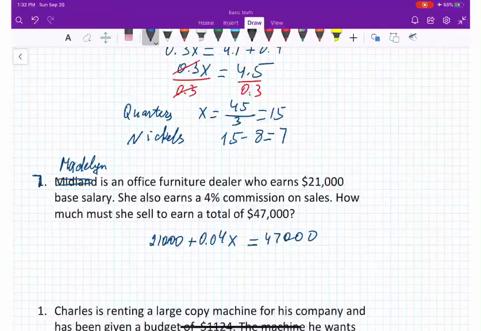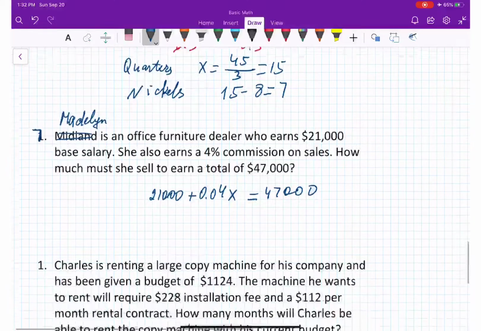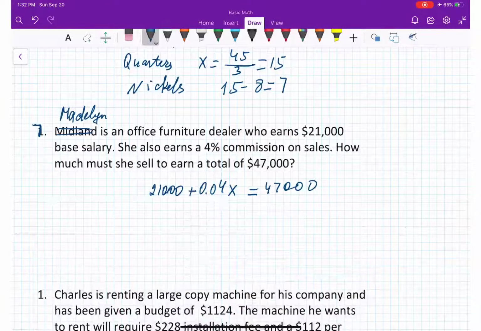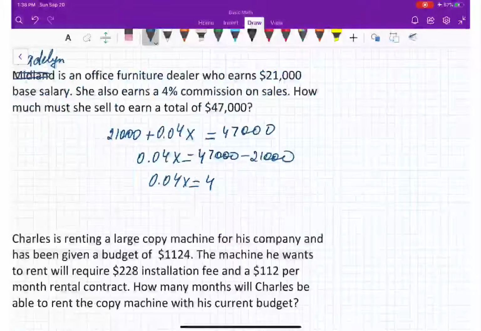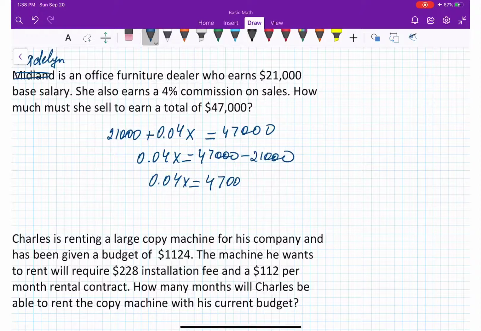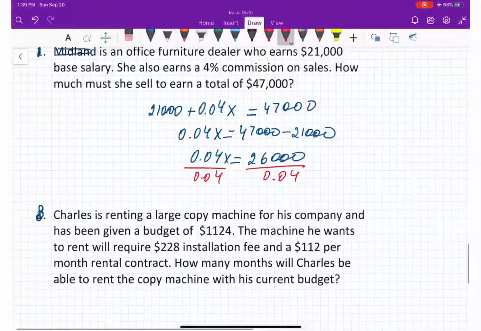Okay, let's solve it. So 0.04x is equal to 47,000 minus 21,000. Actually, why am I rewriting? It's going to be 26,000. Okay, dividing by 0.04, dividing by 0.04, and we get the answer.